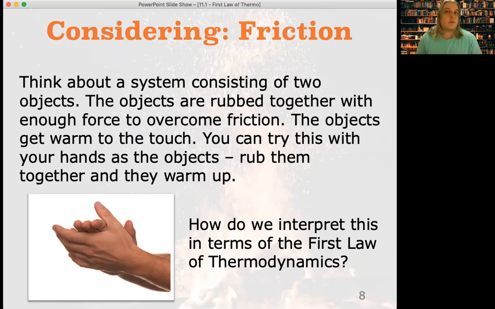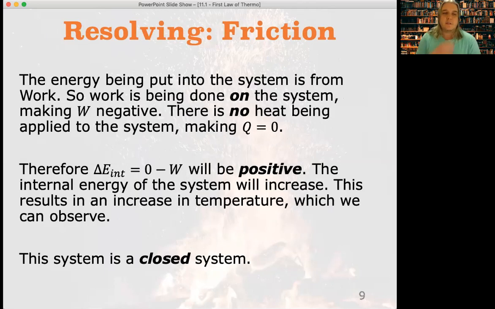So that's what the first law of thermodynamics is telling us. It's just what we would have already expected. If we put some work into the system, then we'll see an increase in internal energy. In this case, the temperature of my hands rises. I do have a slide that says the same thing, but before you do numbers and define positives and negatives, just understanding which way the energy is going is far more important.